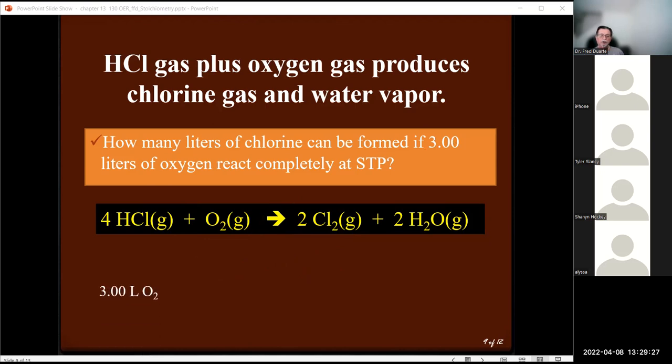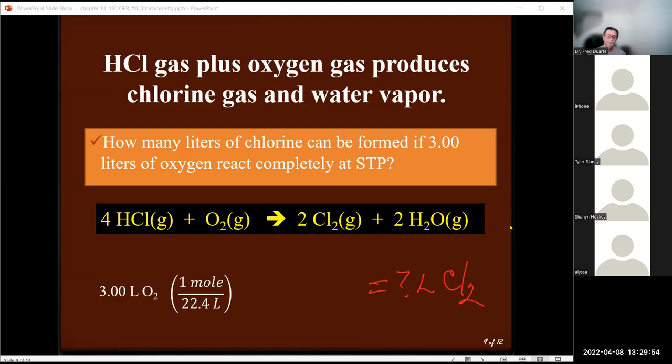Okay, so as always, we write down what we're looking for, and we want to figure out how many liters of chlorine at the end. Okay, so we are at STP, so we can use our relationship of 22.4 liters per mole.